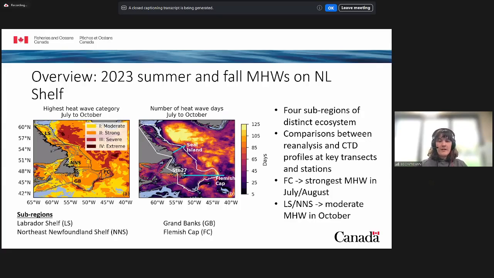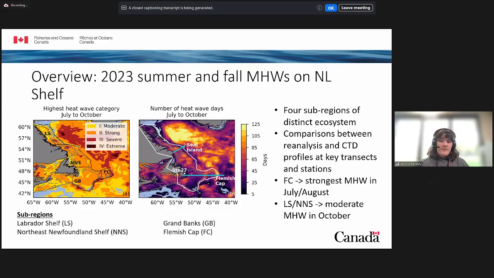Just as a quick summary of those results, the Flemish Cap region received the strongest marine heat wave in July and August. And the Labrador Shelf and Northeast Newfoundland Shelf were the 2 regions that received marine heat waves in October. Together, these 2 plots show an overview of the spatial extent of the marine heat waves, which covered a very large area.